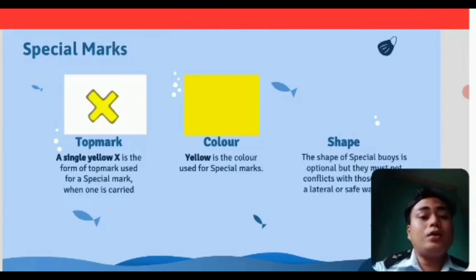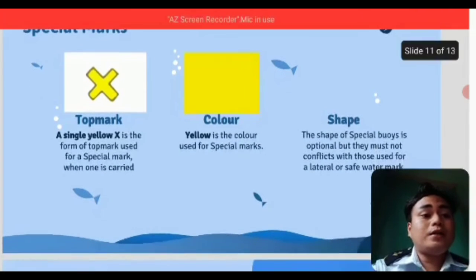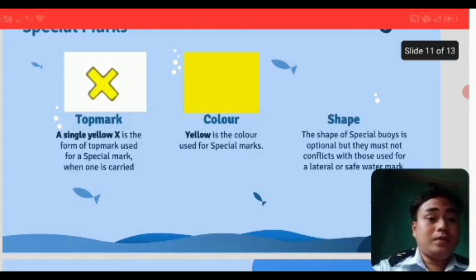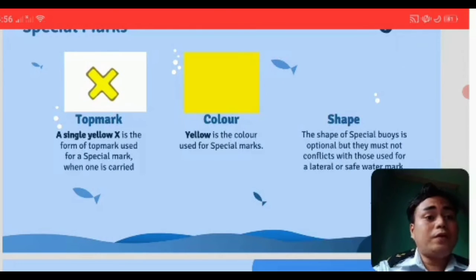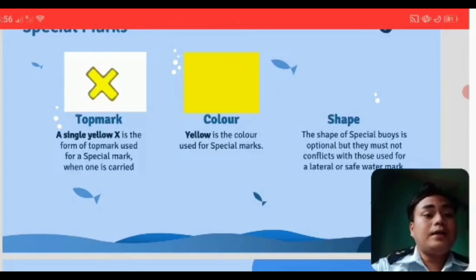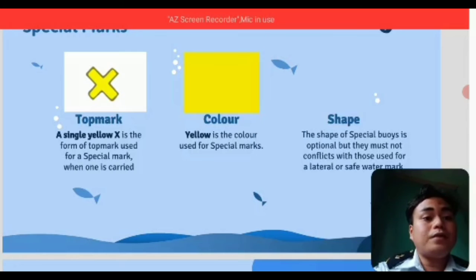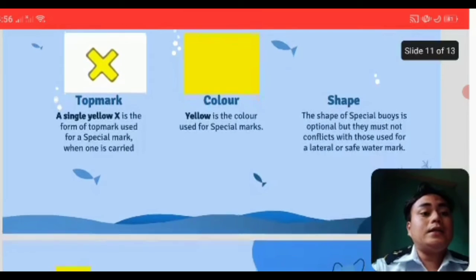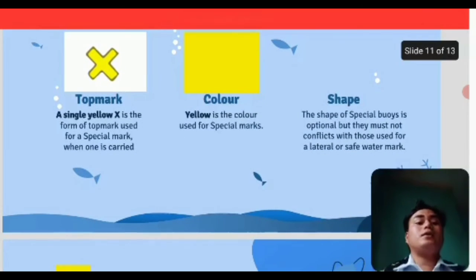The color of a special mark is yellow, and the shape of special buoys is optional, but they must not conflict with those used for lateral or safe water marks.